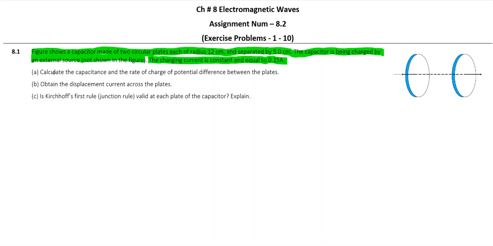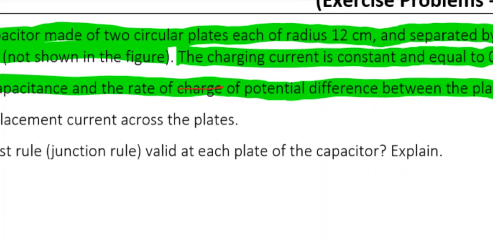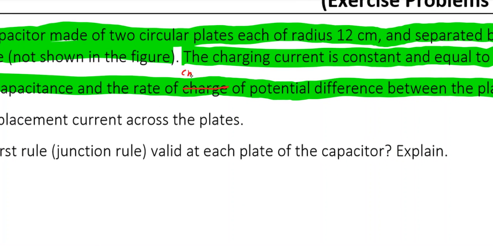From this data, we are asked to calculate the capacitance and the rate of change of potential difference between the plates. I suppose it should be rate of change in potential difference across the plates of the capacitor.